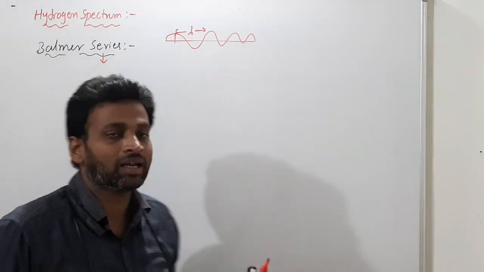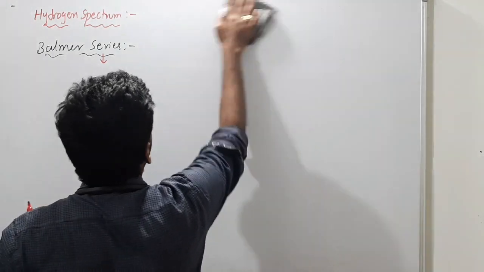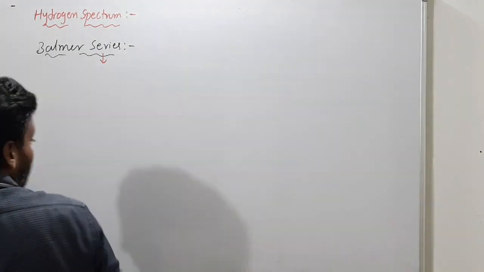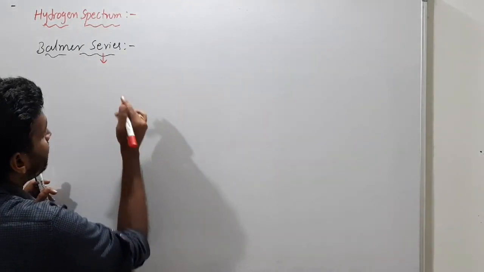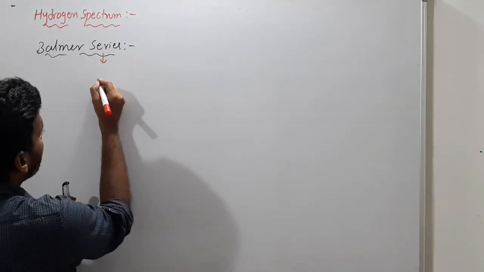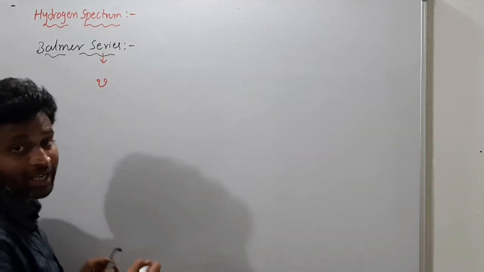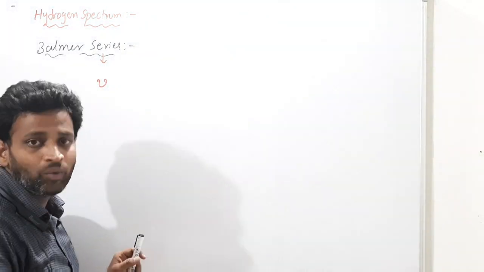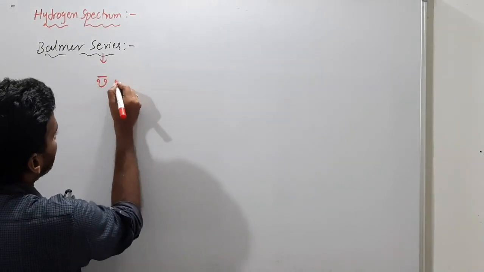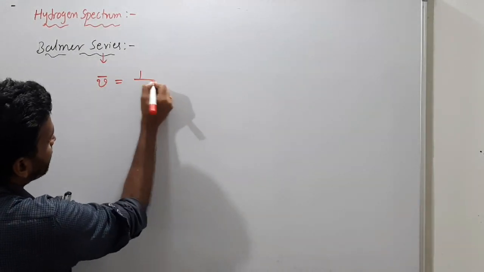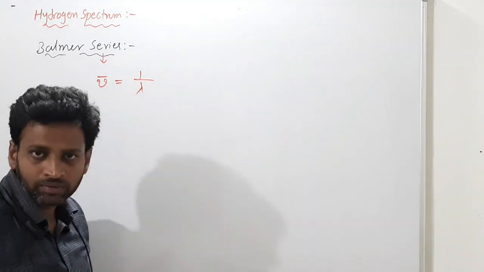So for a spectral line, what is the wave number and how do we calculate it? We have to see now. Balmer gave one mathematical formula to calculate this wave number, nu bar. Wave number is reciprocal of wavelength, or not?